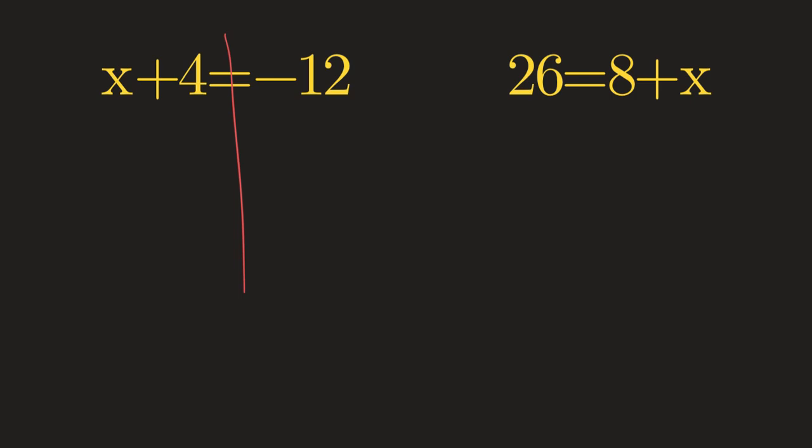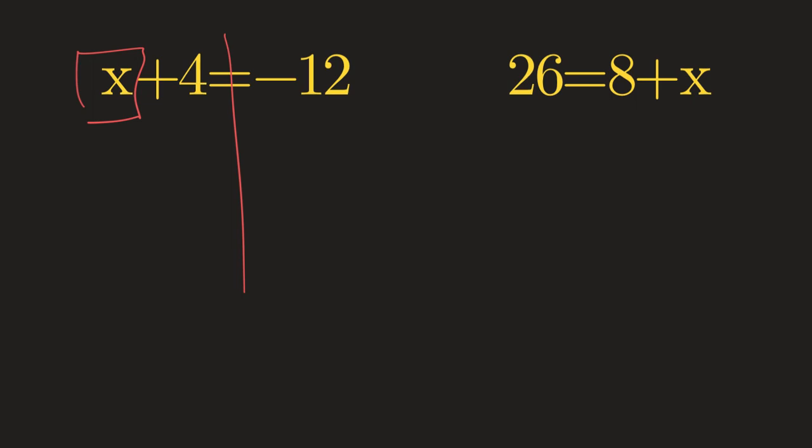Now, with solving an equation, we are trying to find out what x is in this case. We find the variable term. The variable term in this equation is x. That is our unknown. That's what we're trying to find.